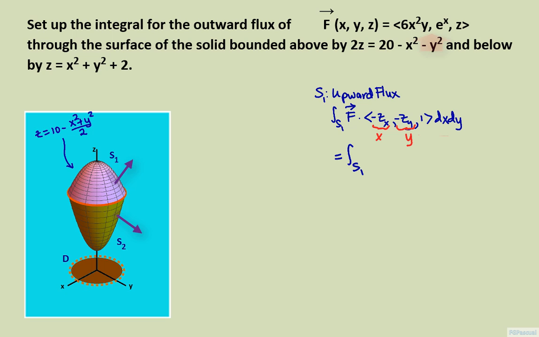And so the dot product of the vector field F and this normal vector is equal to 6x squared y times x, which gives us 6x cubed y, plus y times e to the x, plus z times 1.